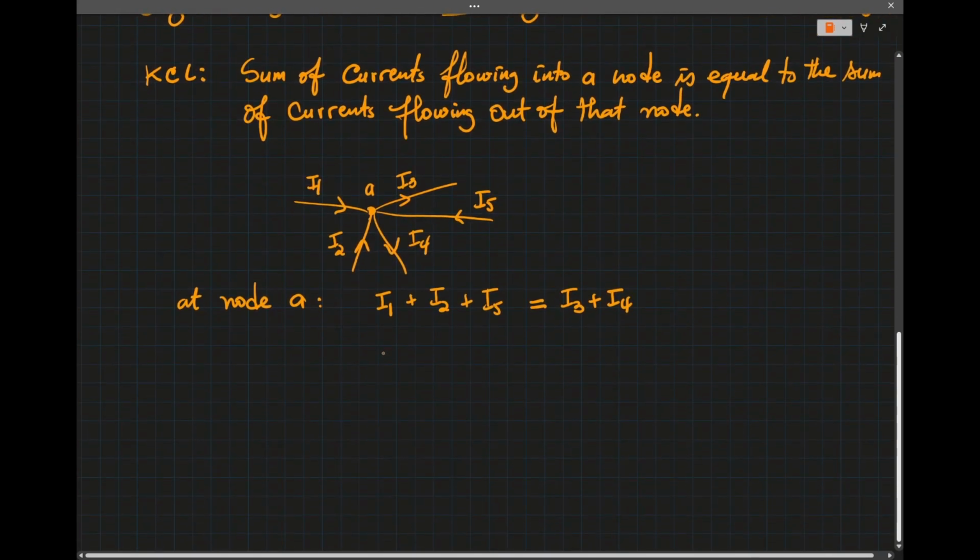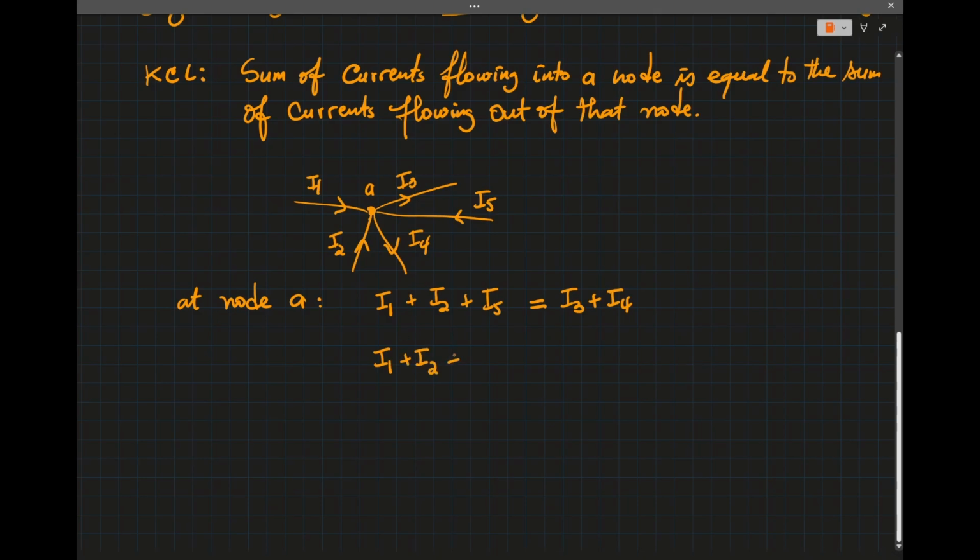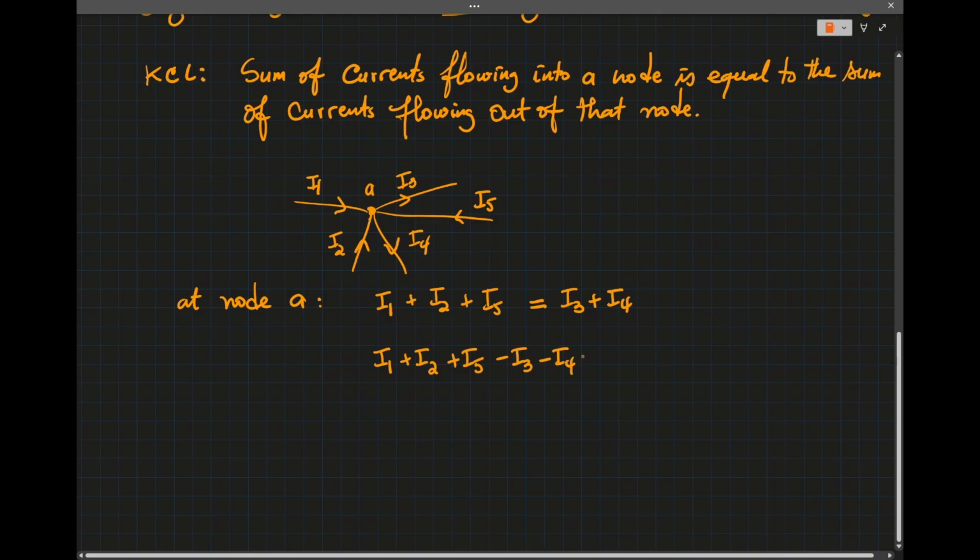So we can write this as I1 plus I2 minus I3 minus I4 plus I5 equals 0.